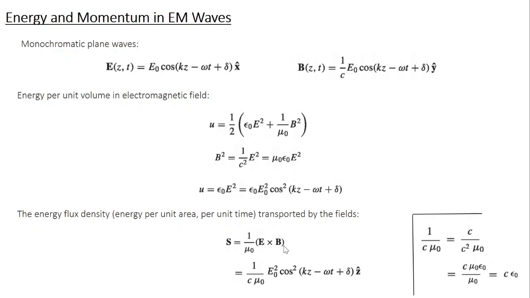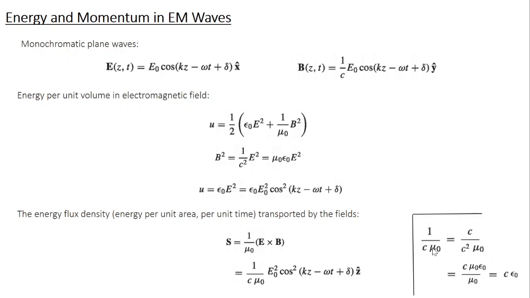So this gives you 1 over mu naught, and B naught you can write in terms of 1 over c E naught. This gives 1 over c mu naught E naught square cos square (kz minus omega t plus delta), and the direction of the energy flow is along the z direction.